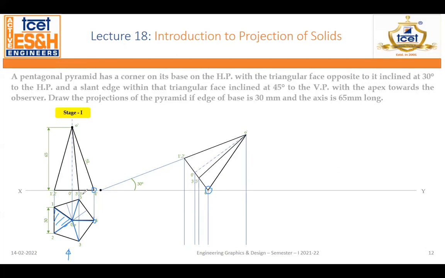Now after then what is the next? So this inclination is being done and then we have completed this whole triangle. After completing the whole triangle, what we are doing next is trying to project all the points down.